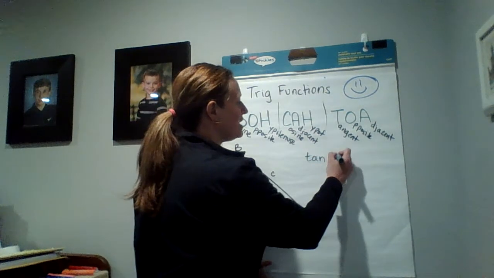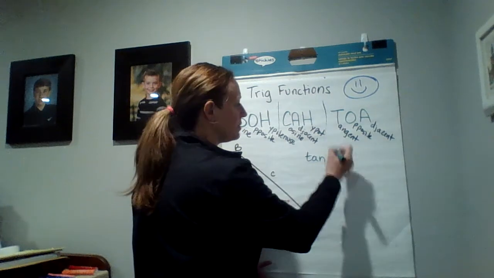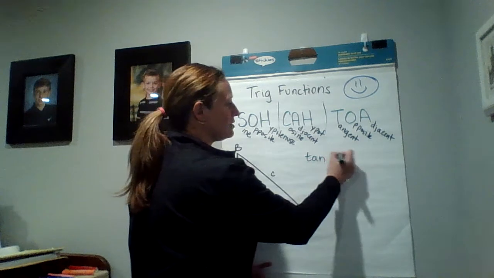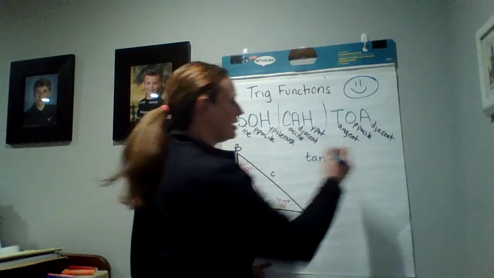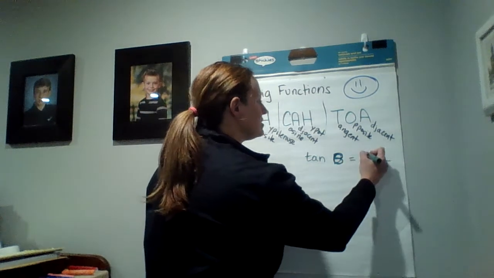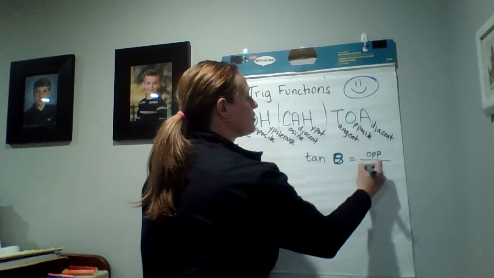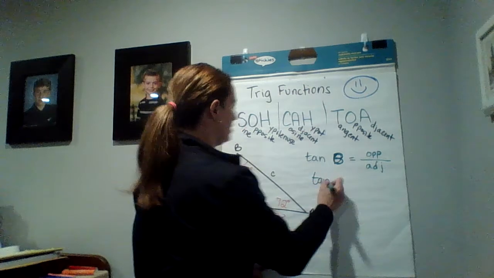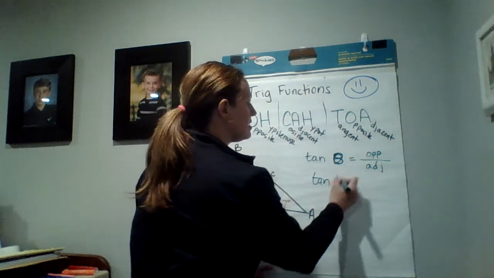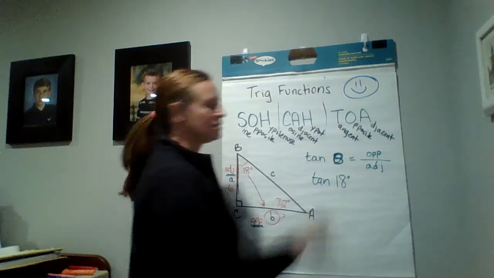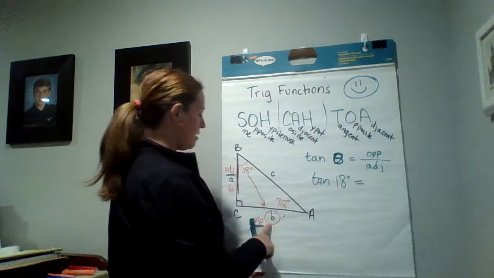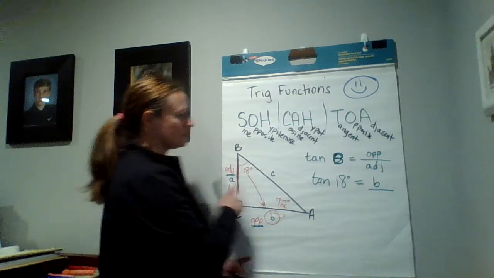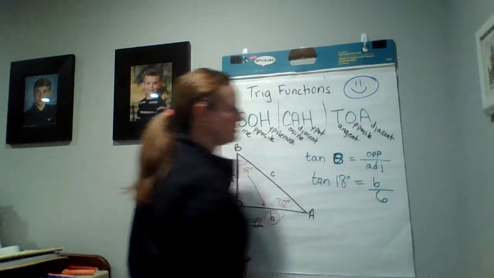The tangent of the angle, usually they call it theta, but we're actually talking about angle B here, whichever angle you put there, is equal to opposite over adjacent. Okay, so the tan of the angle measure 18 is equal to opposite B over adjacent 6.